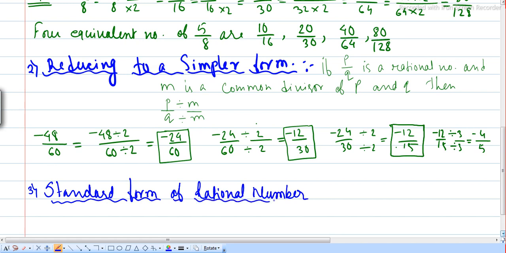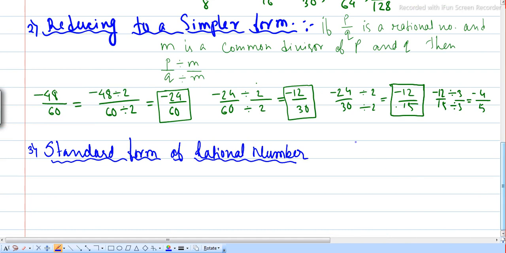Okay, next topic is this. So what is the standard form in which we can write a rational number? So here is a definition.